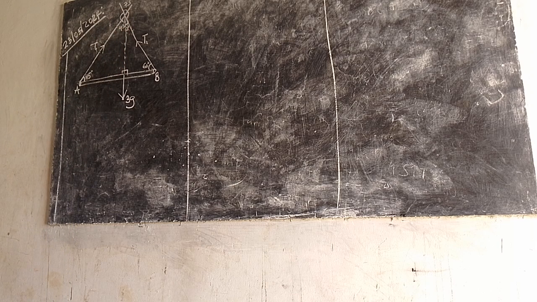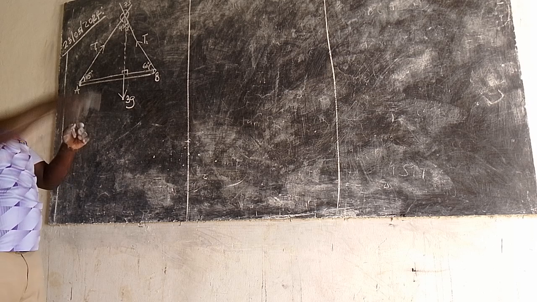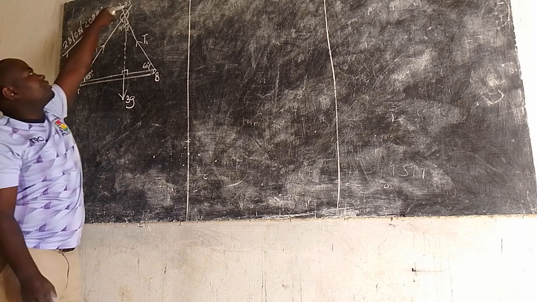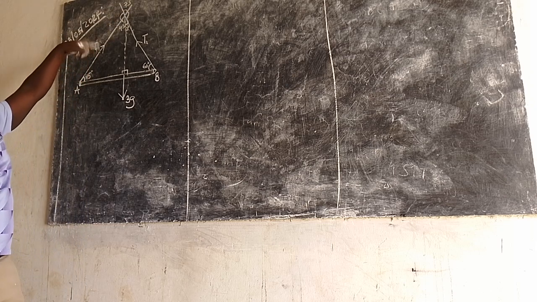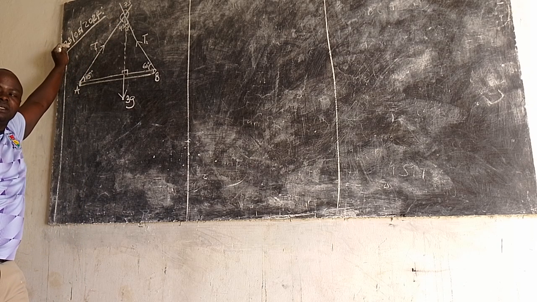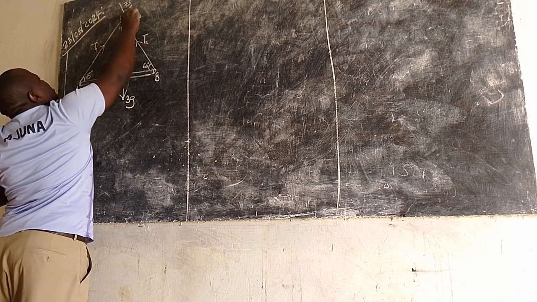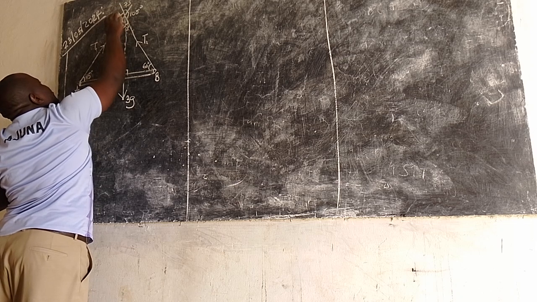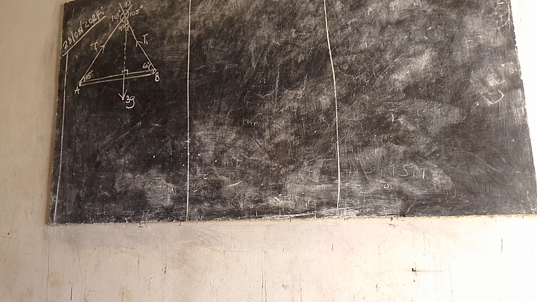Angles around a point should be 360. Now this is 75, this is 75, this is 150. What remains? 210. 210 by 2, 105. So this is 105 degrees, and this is 105 degrees. Are we together?